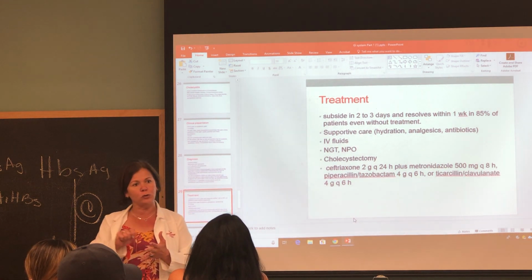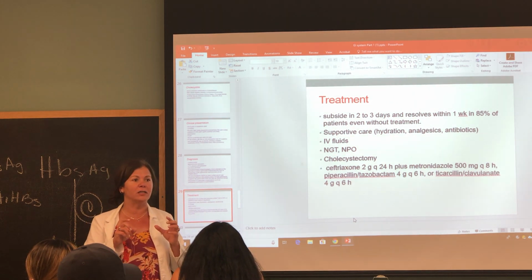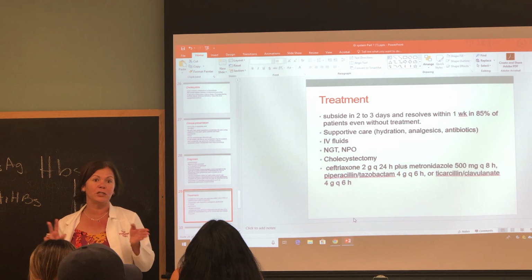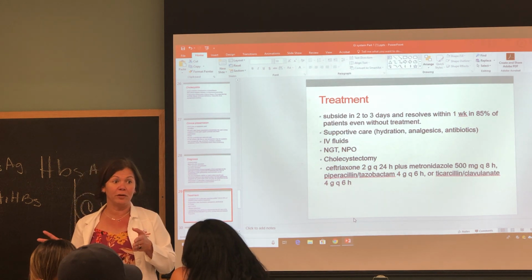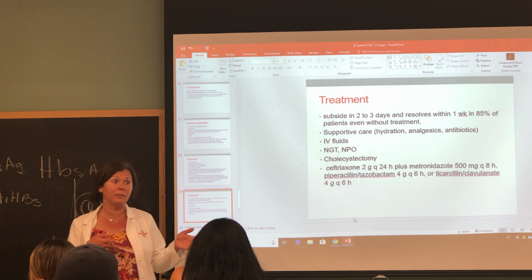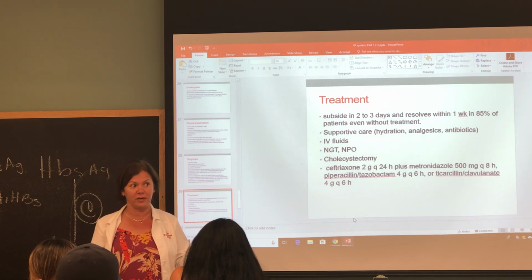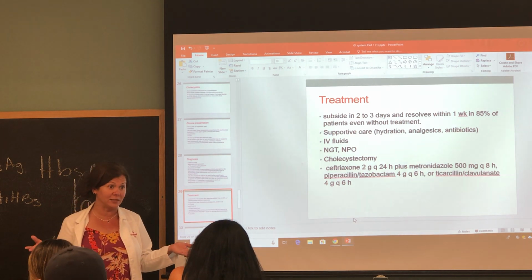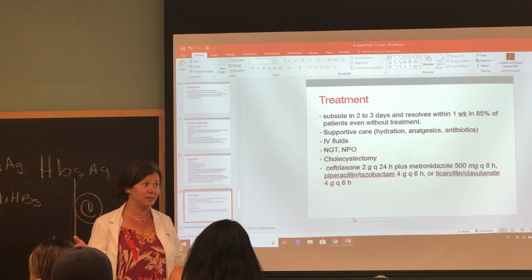So when you do the ultrasound, if the stones are more than 7 millimeters and there are multiple stones, you bring the patient to surgery. If the stones are scarce, like 2 or 3, and they're less than 7 millimeters, you could do watchful waiting, okay? Now, recurrent episodes, because there is also chronic cholecystitis, okay?